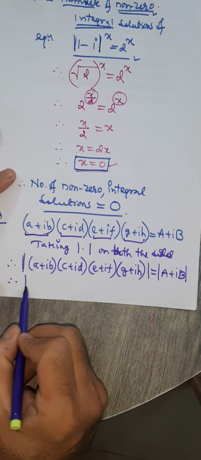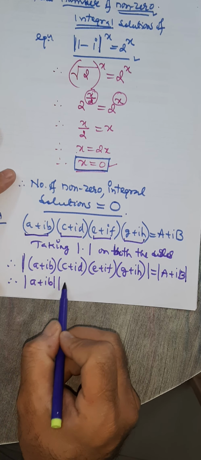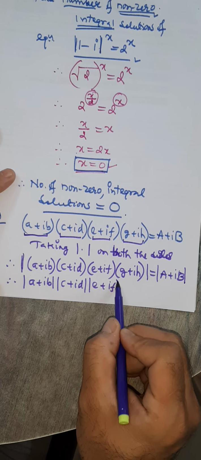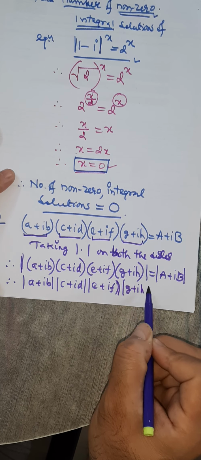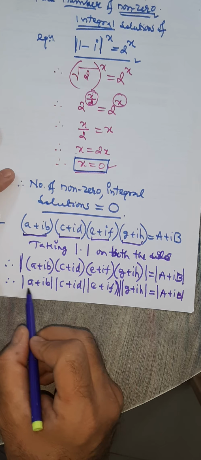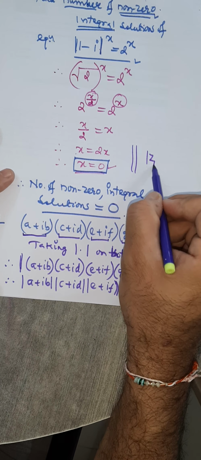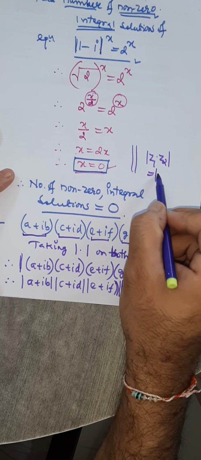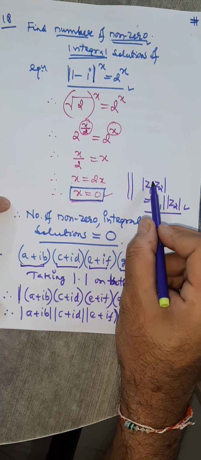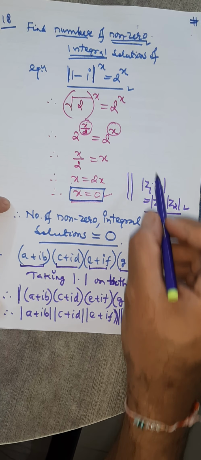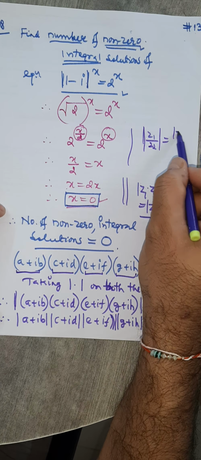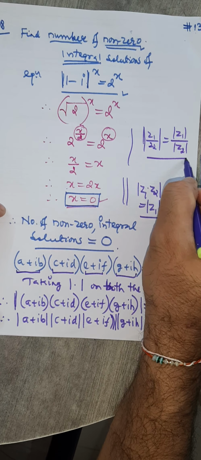You can write individual moduli here: modulus of a plus ib, modulus of c plus id, modulus of e plus if, into modulus of g plus ih. For multiplication and division, you can take individual moduli, remember. Which property have I used here? This one: modulus of z1 into z2 equals modulus of z1 into modulus of z2. For a product, you can take individual moduli. For division also, as we already used, you can do individual division. If you have this upon this, you can write it like that, remember.